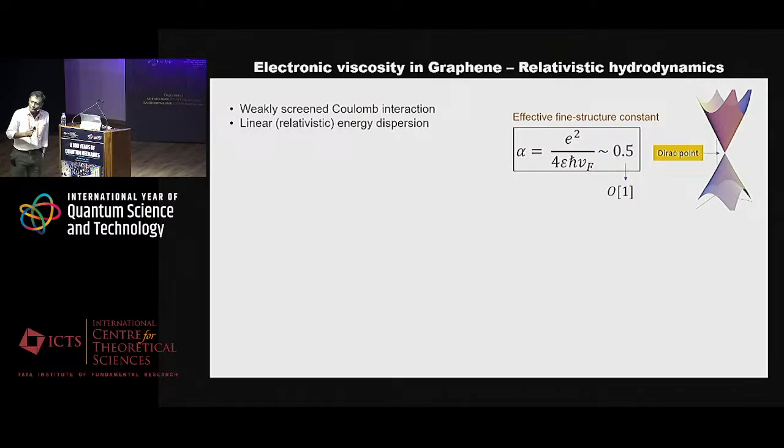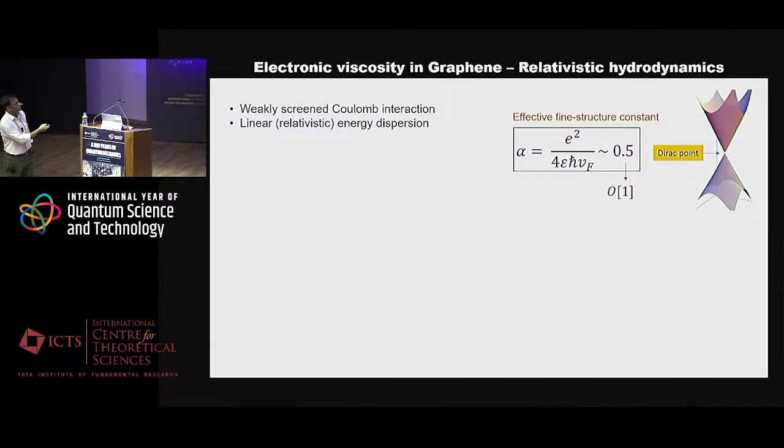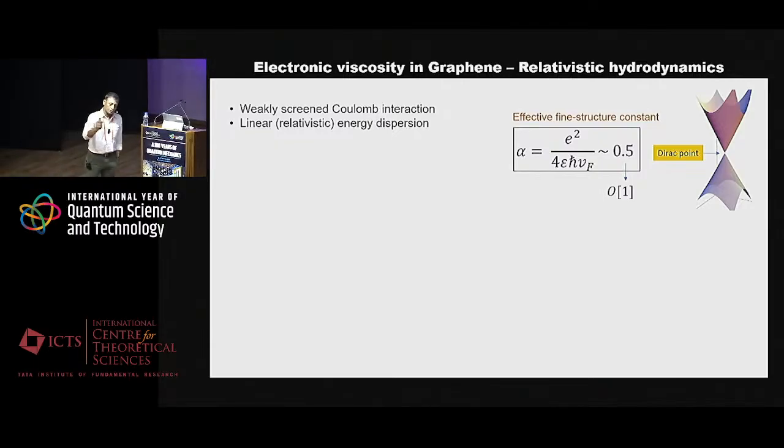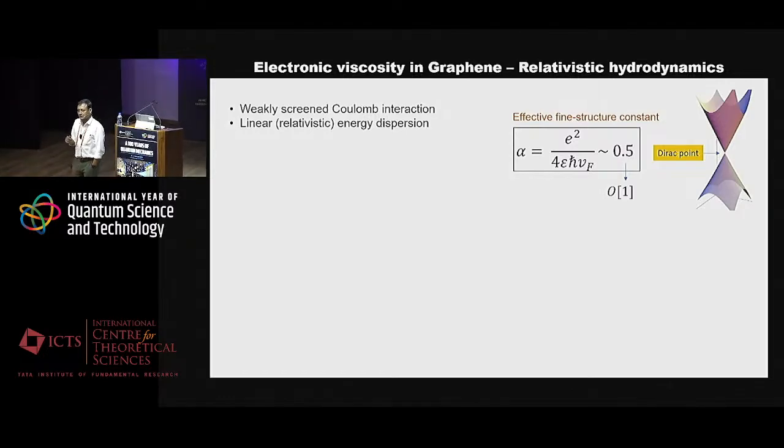So why is graphene such an interesting system? Again, go back a little bit. The idea here is that because of the fine structure constant in graphene, instead of the speed of light, we have the velocity of electrons, which is nearly 300 times smaller than that of light. The electron interaction, which is the effective fine structure constant, is nearly of order 1, which means it's an extremely strongly interacting system.